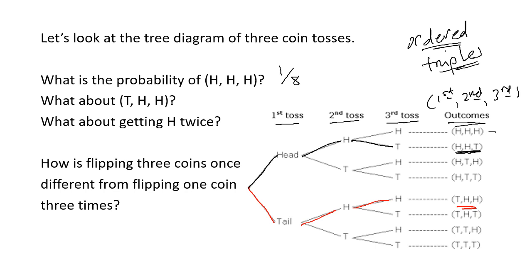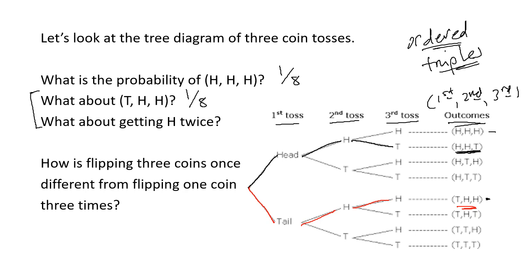So I have 1 out of 8. We can see one outcome here out of the possible 8. Now, if we look at these two problems, what is the probability of tails, heads, heads? Well, this can only happen one way again out of 8.